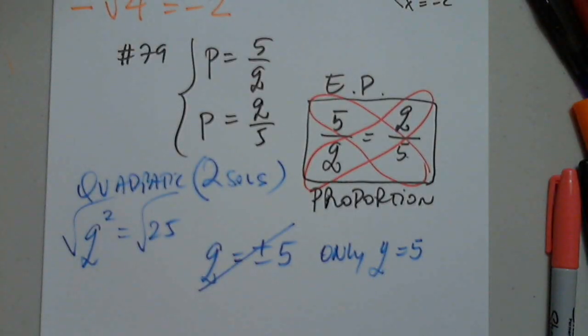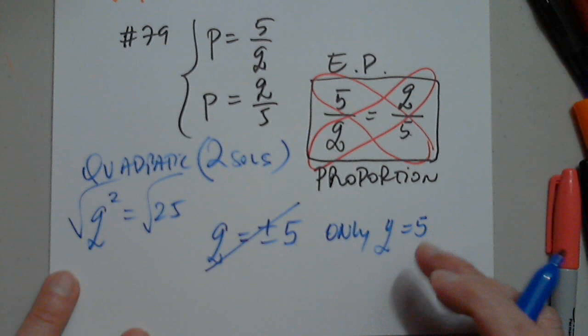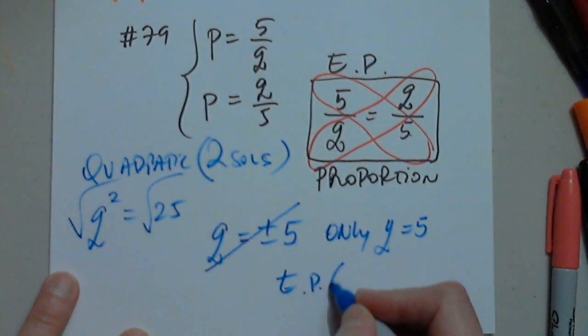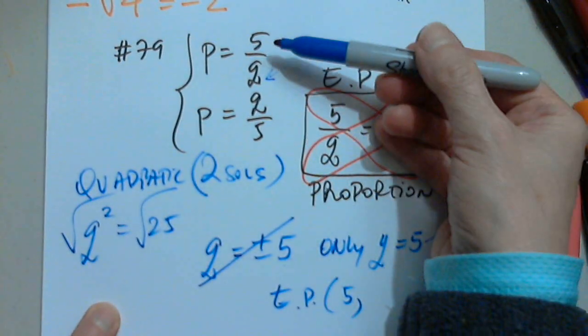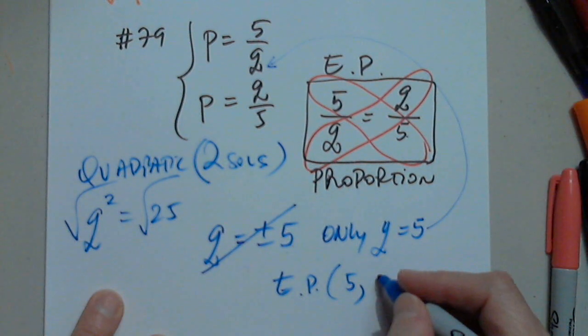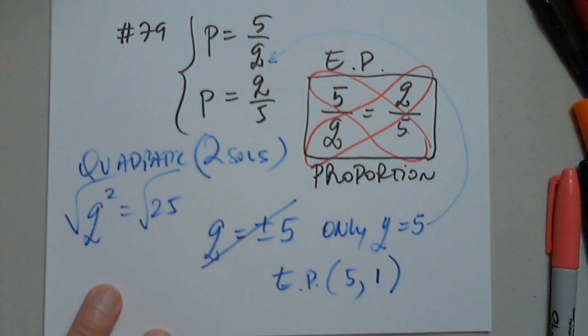So we didn't finish. Good. So we have Q equals 5. So the equilibrium point has 5, comma. We plug it in. How much is 5 over 5? So it's 1. 5 units at the price of $1 per unit. And that's the equilibrium point. And we can see it also, both of them. So right here, 5, comma 1.